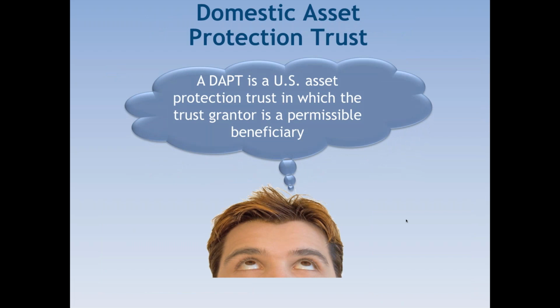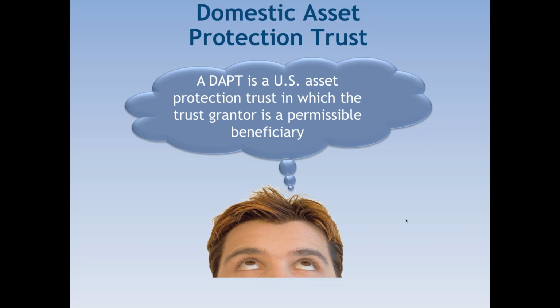A Domestic Asset Protection Trust is a U.S. asset protection trust, as opposed to an offshore asset protection trust, in which the trust grantor is a permissible beneficiary. For a long time, people used the Cayman Islands, places like New Zealand, for offshore asset protection trusts, which are effective, but very expensive. They can cost $20,000 to $25,000 to set up, and then $3,000 to $5,000 per year to maintain.